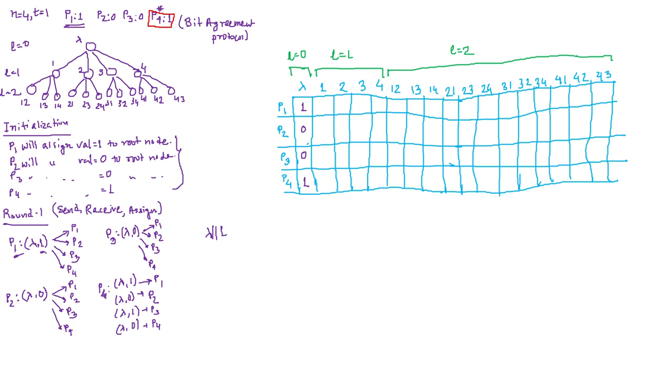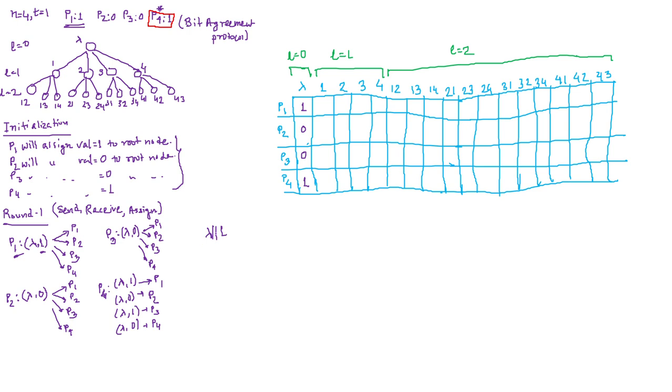I am repeating it again. P1 has received lambda comma 1 from P1. So this value 1 will be assigned to a node that has label lambda concatenated with this party ID 1.